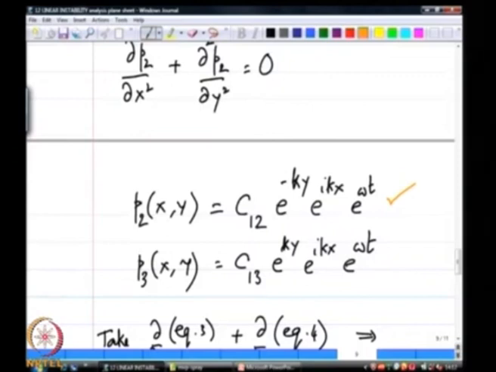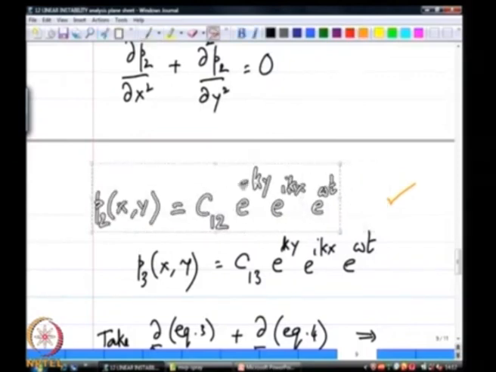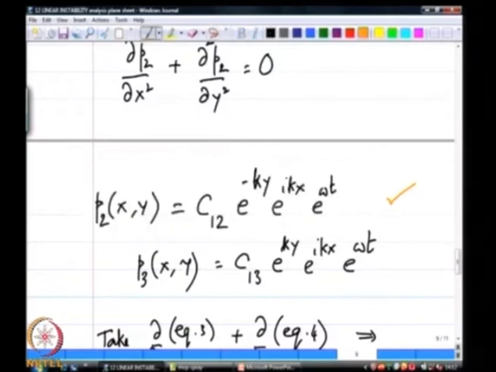I can write it slightly more compactly in the form that we are otherwise used to. Likewise P 3.